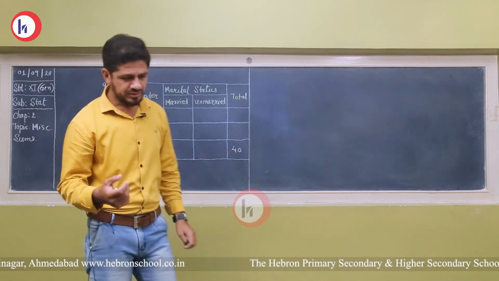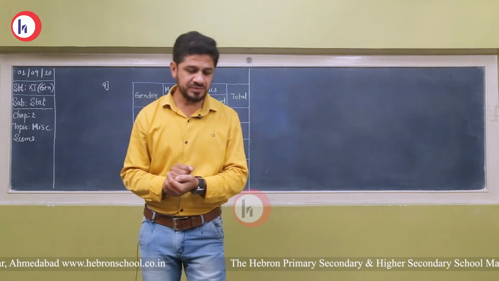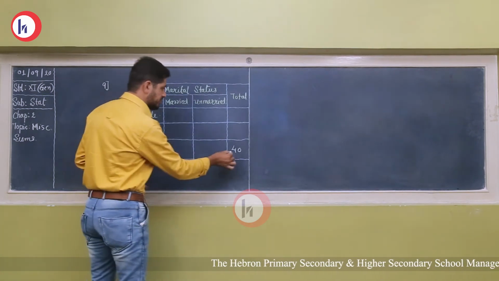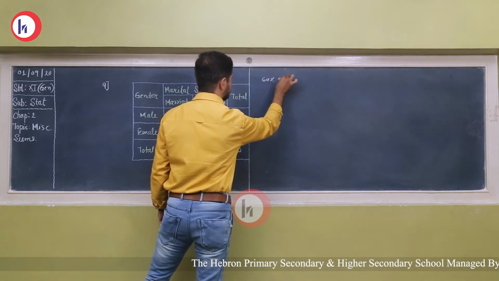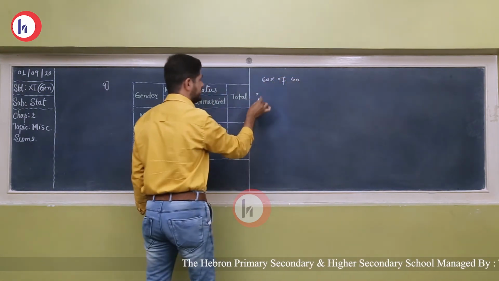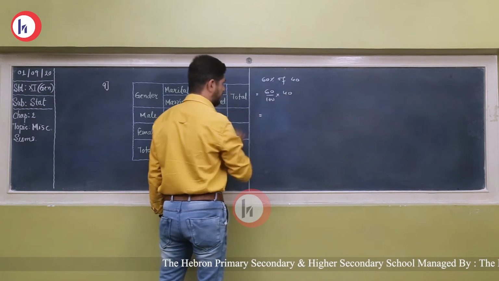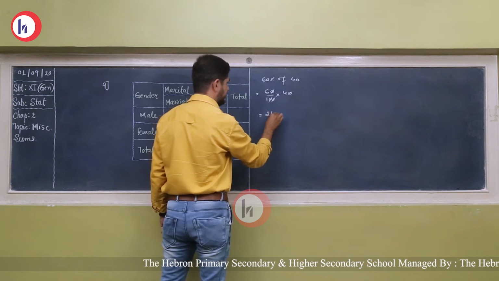So here the data is given that out of 40 persons working in office, 60% are females. So 60% of 40, that gives the value 6 4 is 24.